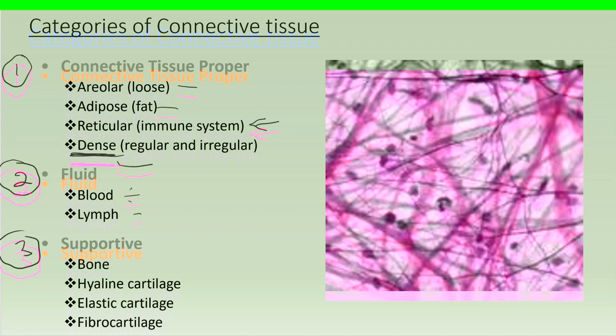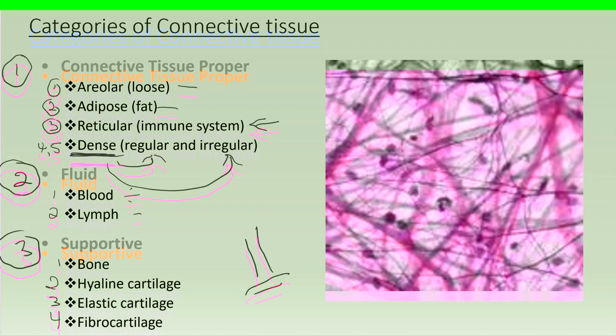And those can be divided into dense regular and dense irregular. Okay. So under the connective tissue proper, we are looking at 5 types of tissue. Under fluid, we're looking at 2 types of tissue, and under supportive, we're looking at 4 types of tissue. So you can see here that we have 11 types of connective tissue we're going to be looking at.